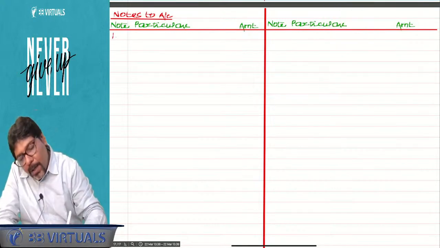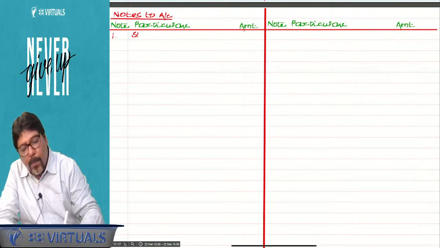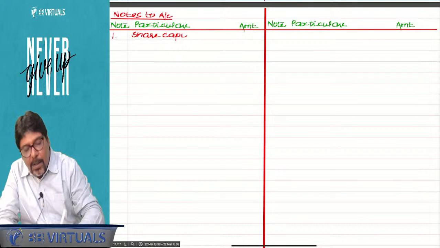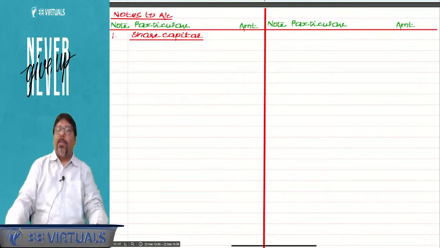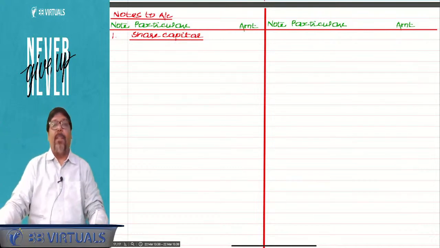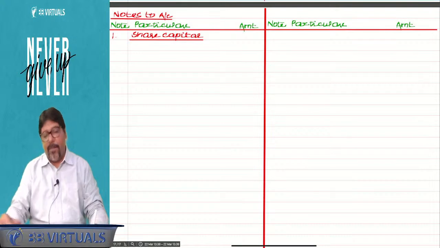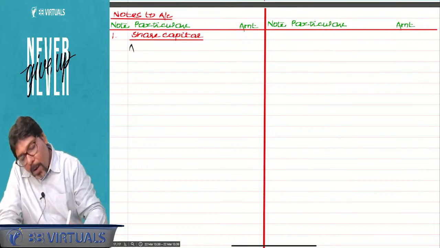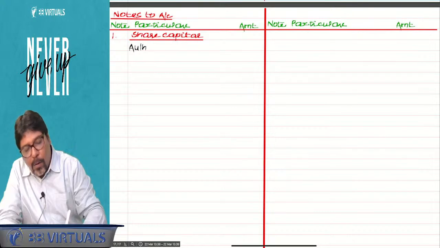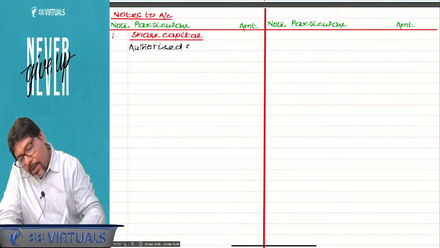Note number 1 is share capital. Now in share capital, what do we have? First we should write authorized capital. Very good. Authorized share capital.